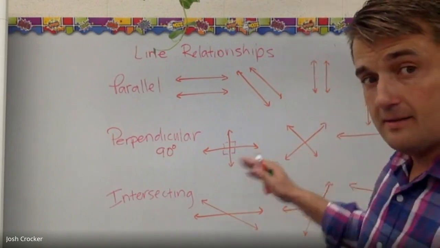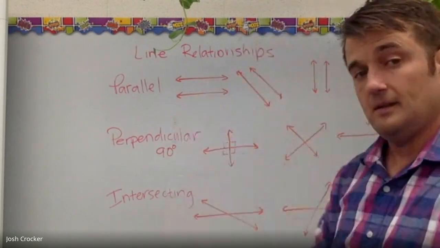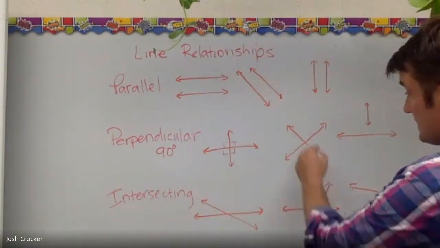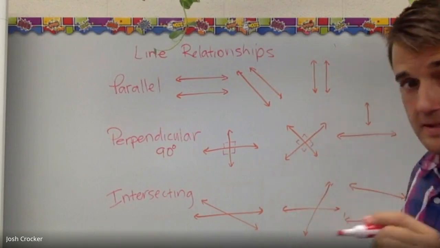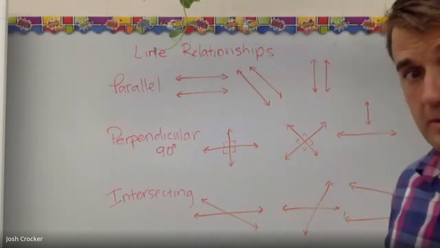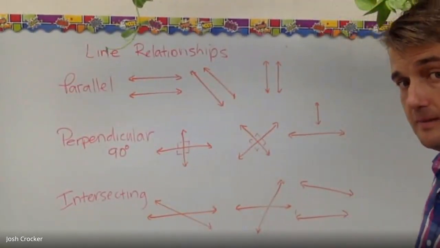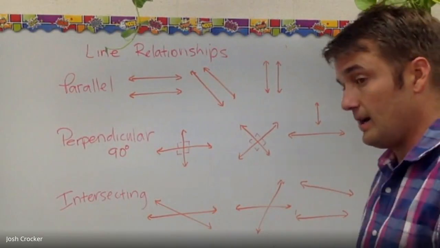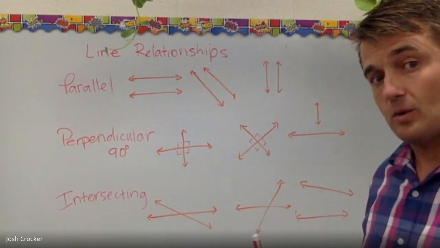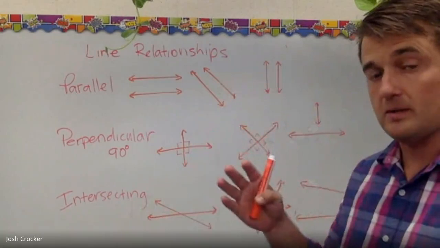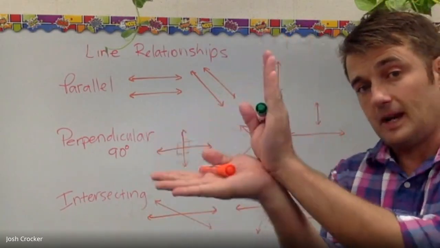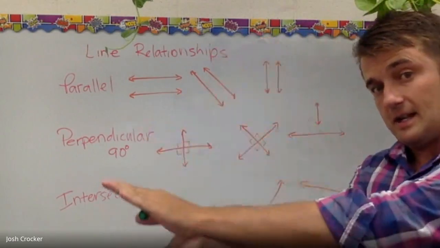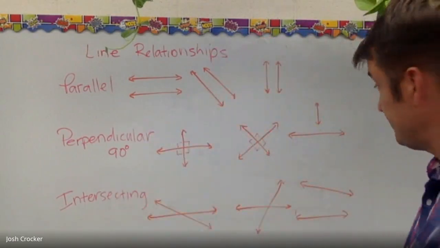If they meet a little bit off kilter, but they still make that perfect L, still perpendicular. It's important, because when we measure that angle, we're not talking about which way it's pointed, we're just talking about how wide it's open. So 90 degrees is 90 degrees is 90 degrees.